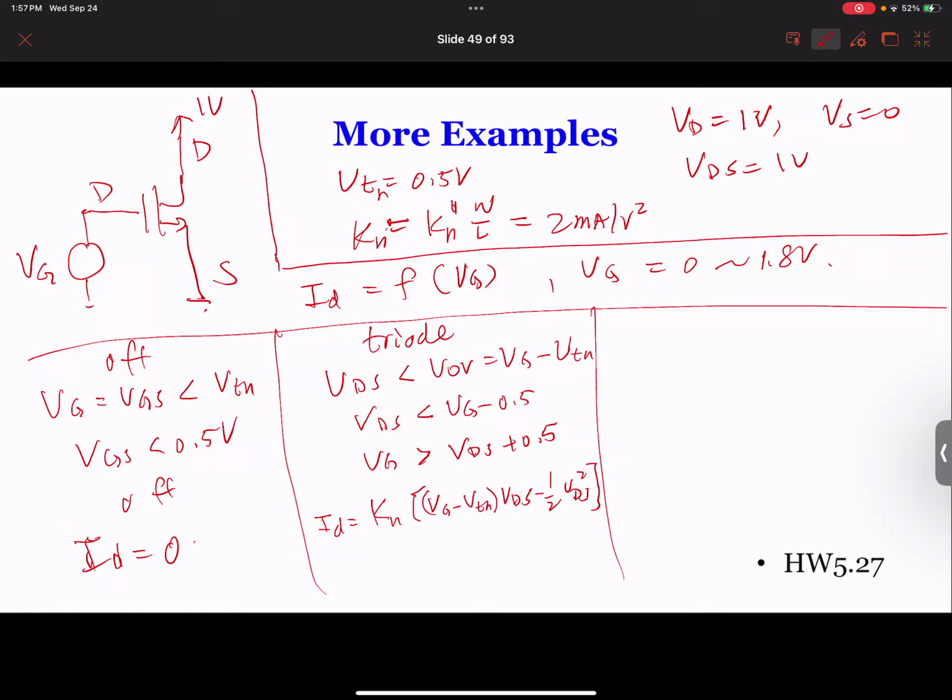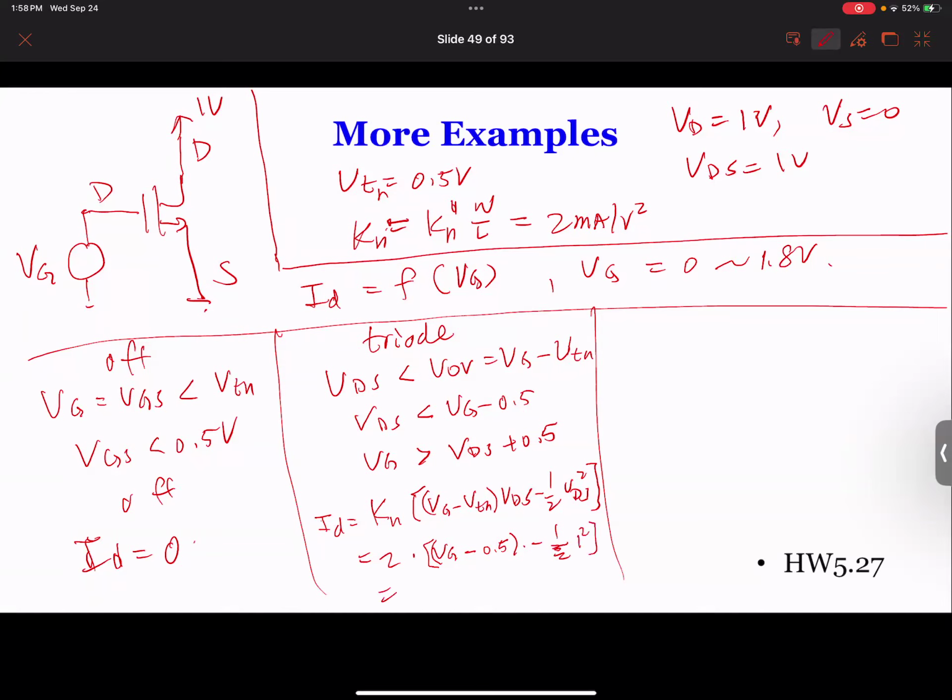And so that's the current in the triode region. And we know that Kn is given as 2 milliamps per volt squared, times VG, which is a variable, minus VTN, which is given at 0.5, and VDS is given as 1, so times 1 minus 1/2 times 1 squared.